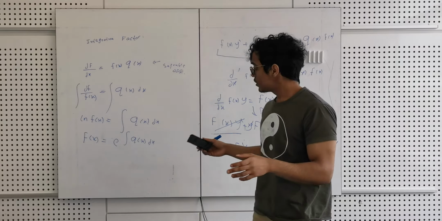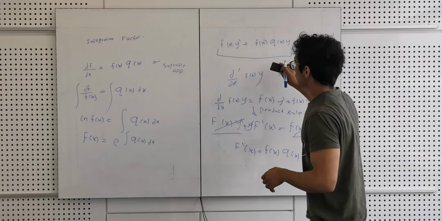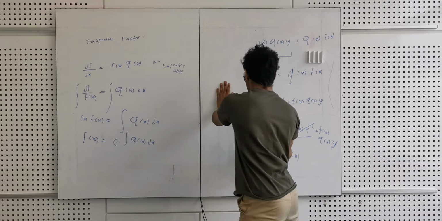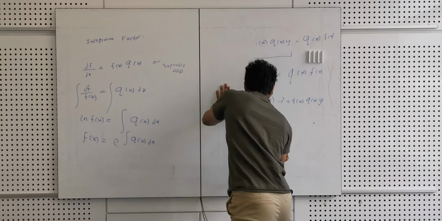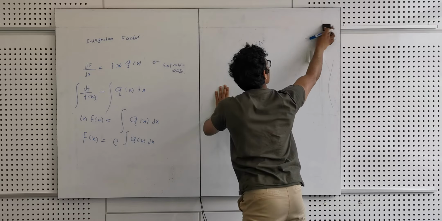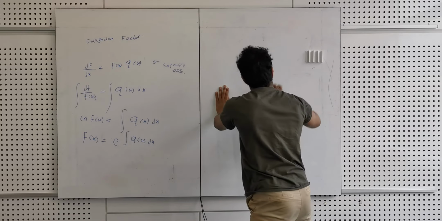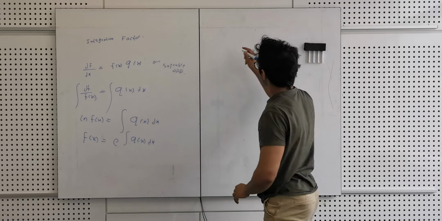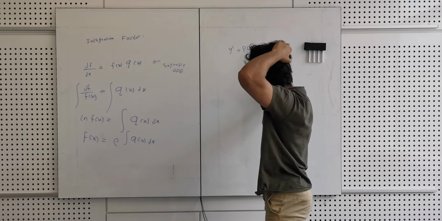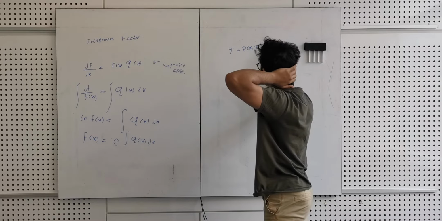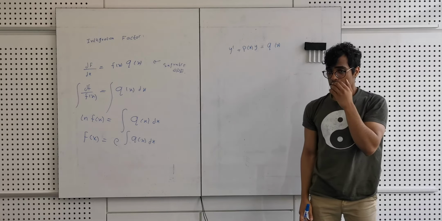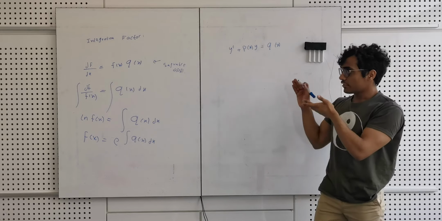From here, we can go back to the original problem, the problem of solving y prime plus q of x times y is equal to some function, and by introducing this function we can solve any differential equation that's in this form.